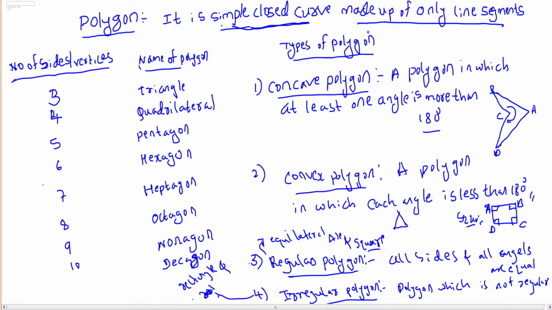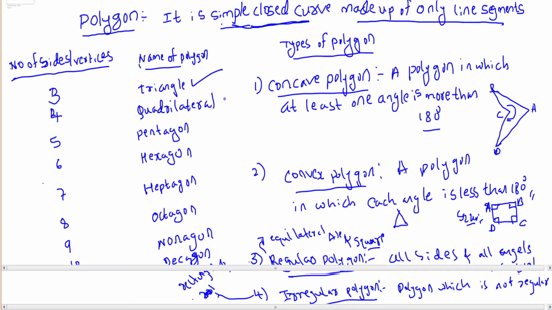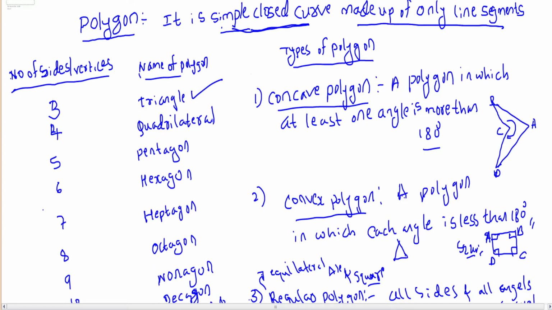There are different names of polygons. A triangle is also a polygon, a square is a polygon, a rectangle, a rhombus. There is a relation between the sides of a polygon and its vertices. If three sides and three vertices, the polygon is a triangle.